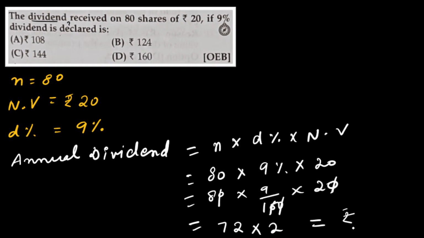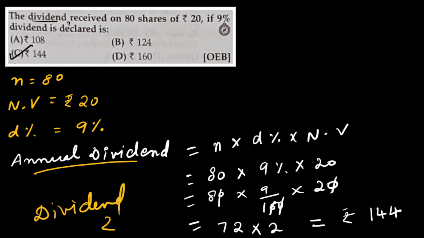So which option? Option C. So direct question. We just substituted the values and we got the value of annual dividend or dividend equals 144. Option C. Let's do next question now.